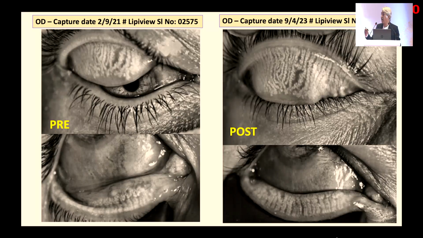We are now in the writing mode of a manuscript. I have now captured almost 29 such patients over the last 1.5 years, and this kind of picture we are getting, and these patients are doing fantastic.